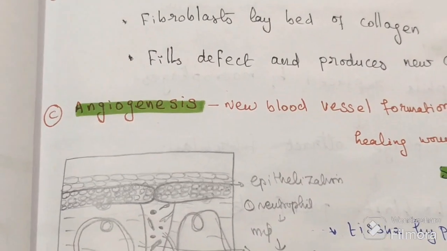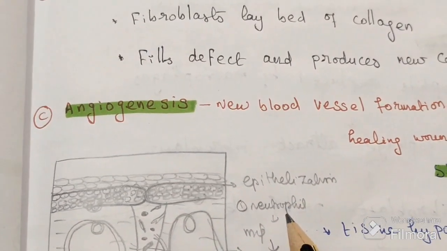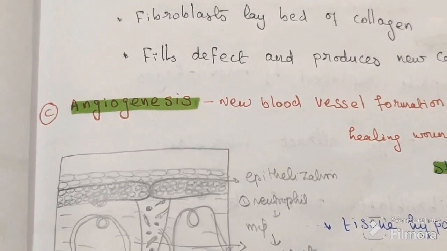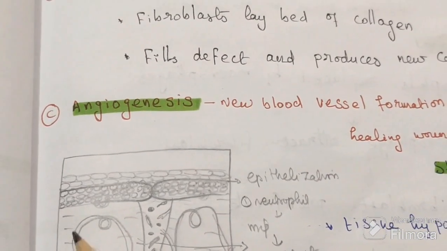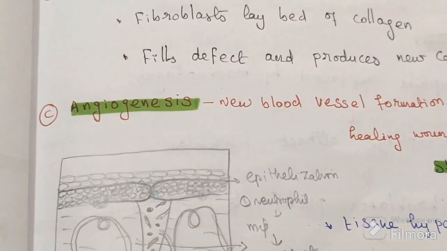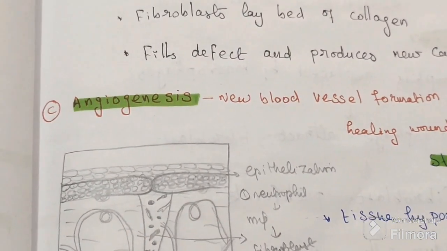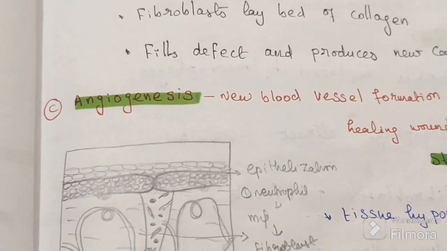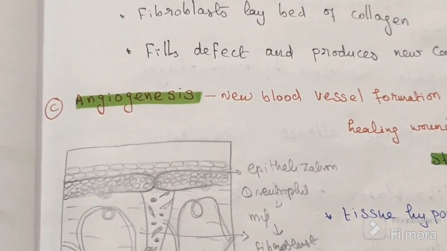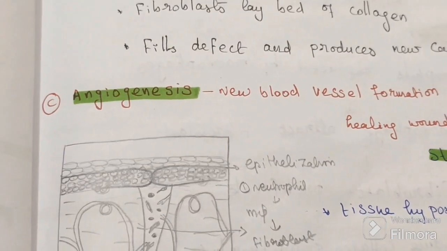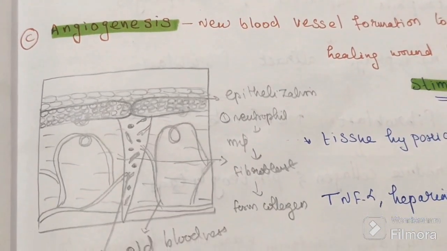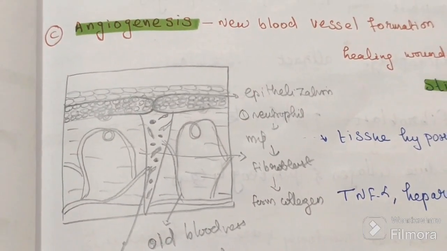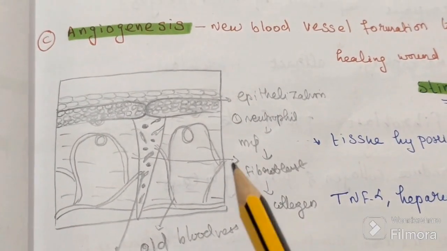That is known as epithelialization: proliferation and migration of epithelial cells from both sides to meet at the center, crossing the midline. This is called epithelialization.